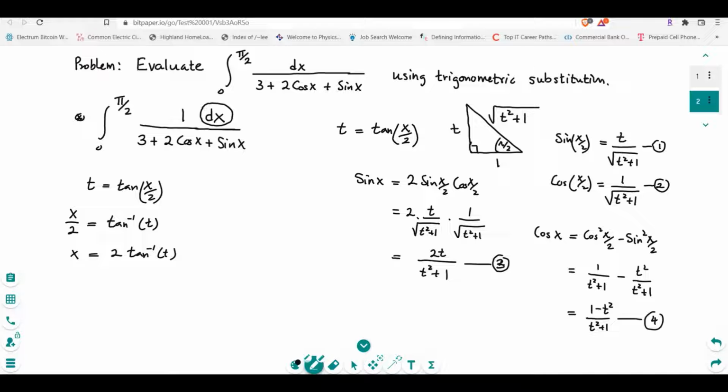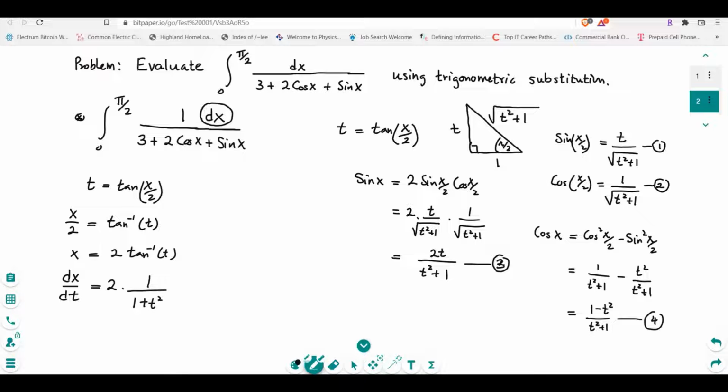Now I'm going to take the derivative of x with respect to t, dx over dt. So I have 2, and the derivative of inverse tangent t with respect to t is going to be 1 over 1 plus t squared.